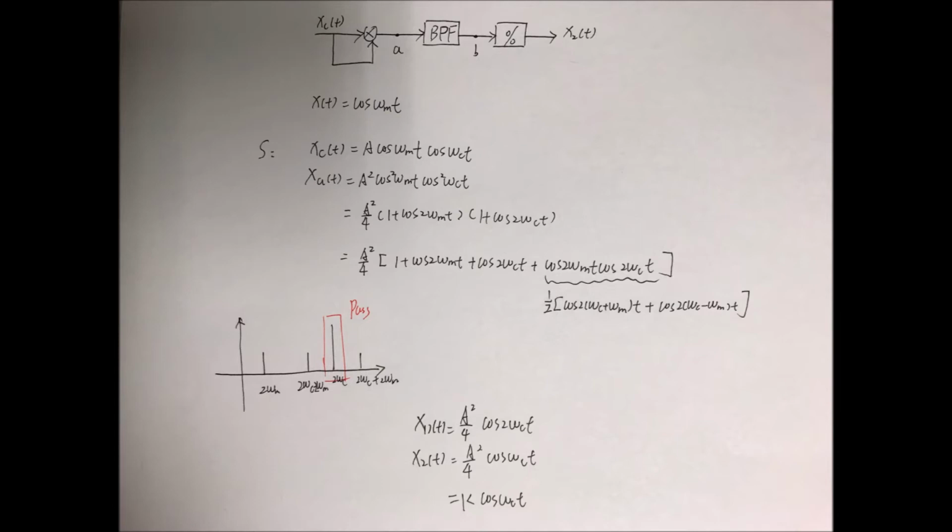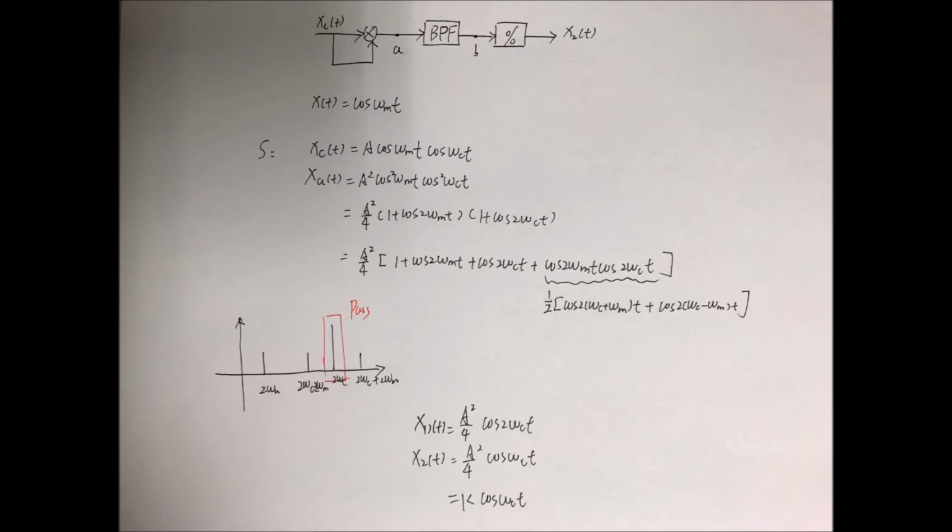Which one can pass? Only this one can pass, because my bandpass filter is designed to only pass 2 times FC, so 2 times omega c. So let me write, over here, cosine 2 omega c t.